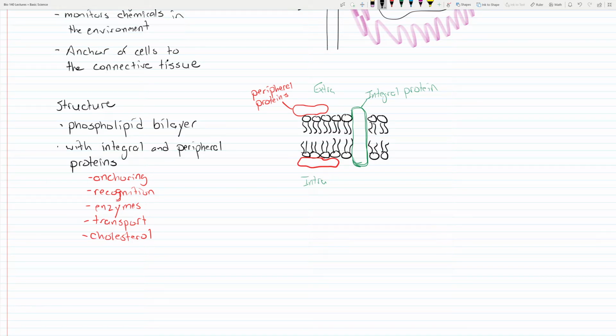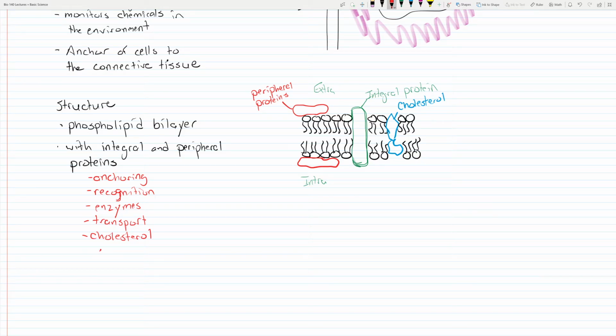And we're going to draw, let's just say a blue, weird blue diamond shape. And we're going to say this is cholesterol. And we're going to draw some more lipids over here. Okay? And what the cholesterol does is it adds fluidity.